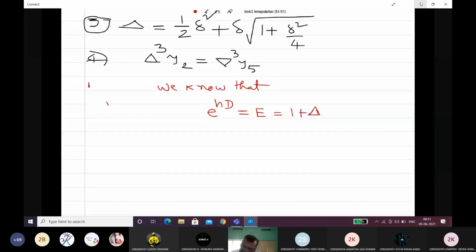Okay. So from this, e power hD is equal to 1 plus delta. By definition of logarithm, hD is equal to log of 1 plus delta. That is the first property.